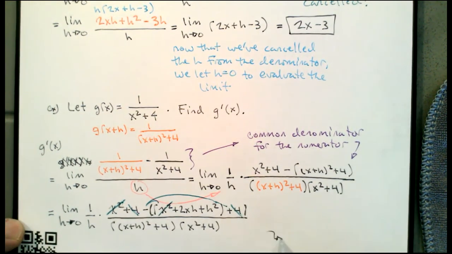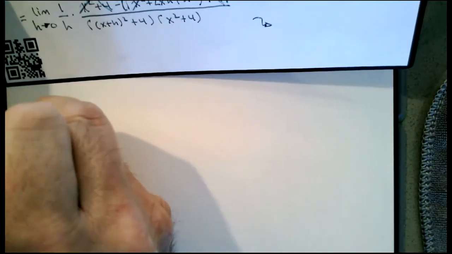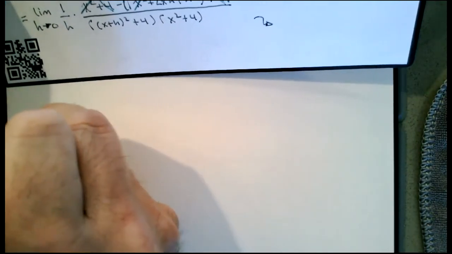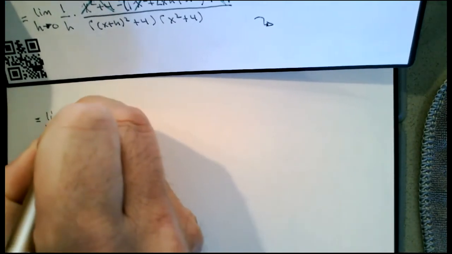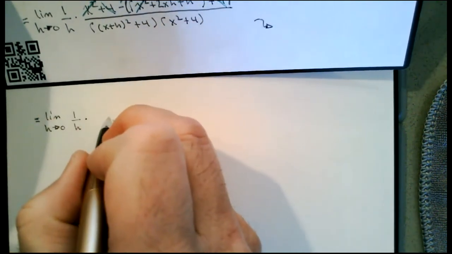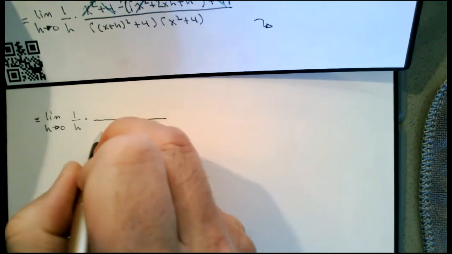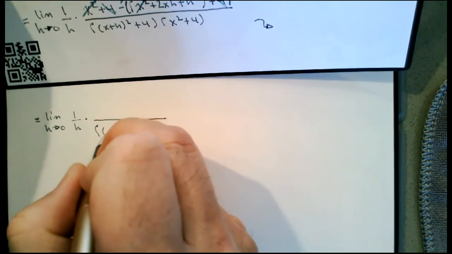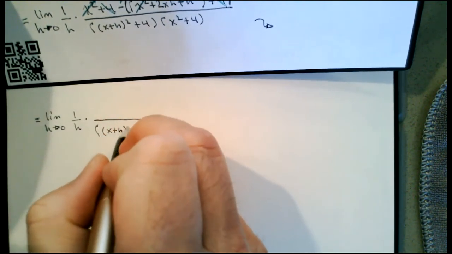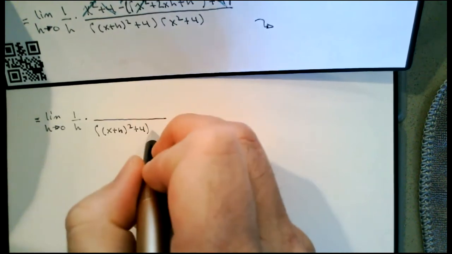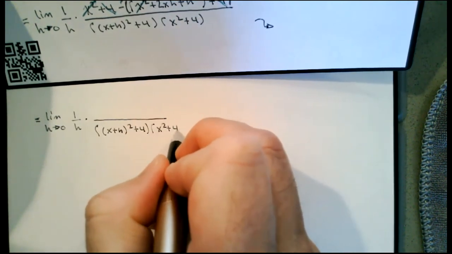So we've got the limit as h goes to 0. Still have the 1 over h that hasn't gone anywhere, but my numerator is now just 2xh plus h squared. And my denominator is (x plus h) squared plus 4 times x squared plus 4.